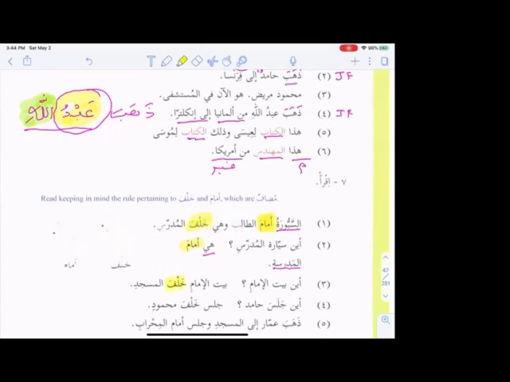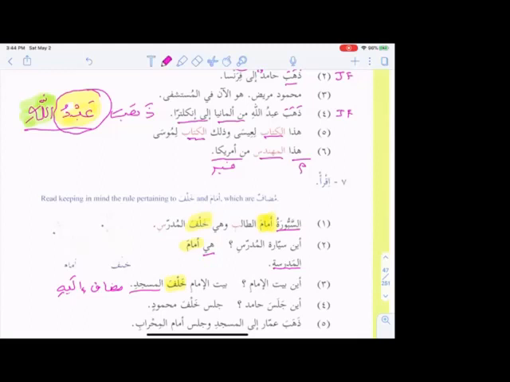Khalfa. Zarf. Shibu Jumla Khabar. And Masjidi, my brothers and sisters, this is your Mudaf ilayhi. Remember, Mudaf ilayhi. Fine. So I hope you got it, my brothers and sisters.